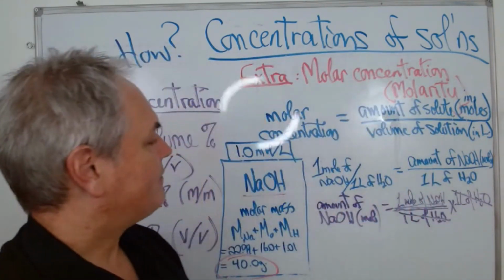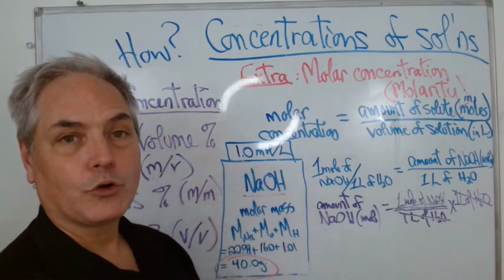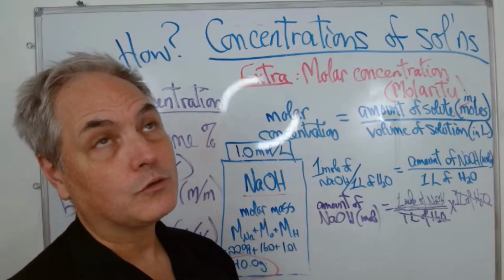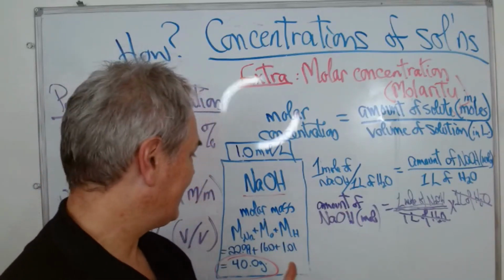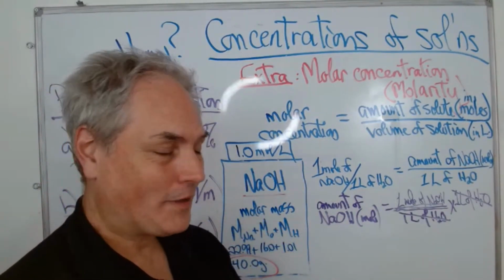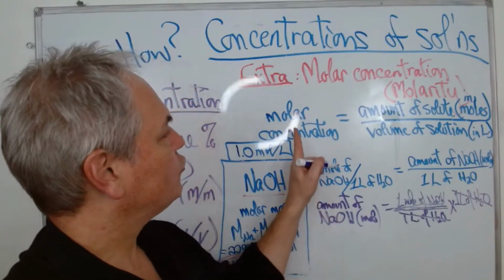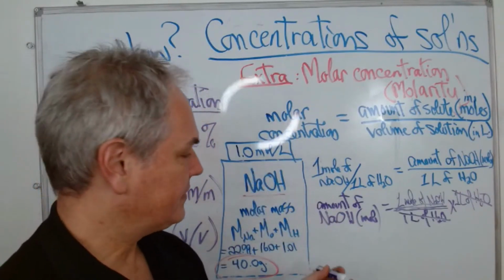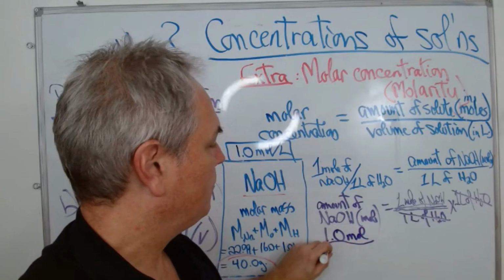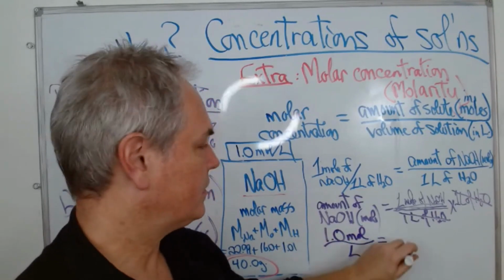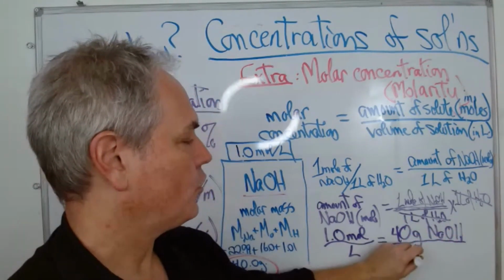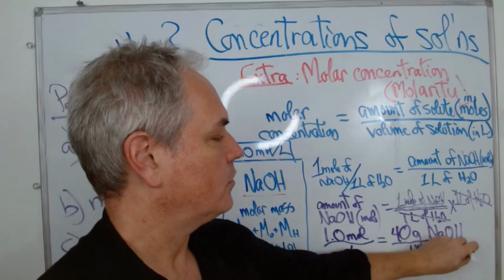Therefore, if I'm looking to create 1 mole per liter of sodium hydroxide, I need to have 1 mole of sodium hydroxide, and it is 40 grams. So in order to have my molar concentration of 1.0 mole per liter, I need 40 grams of NaOH over 1 liter of water.